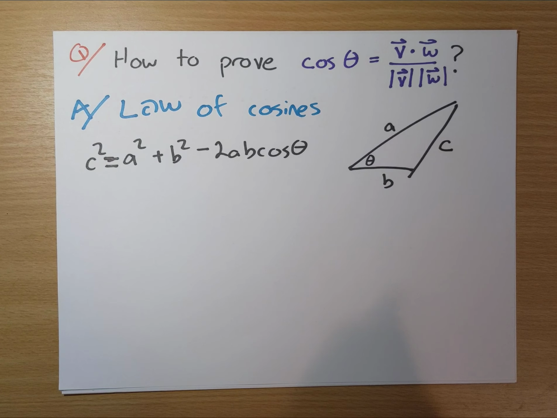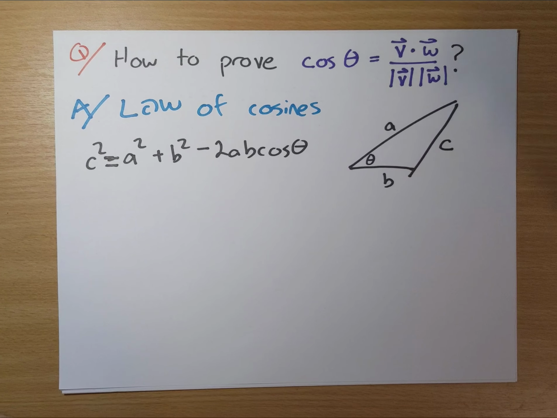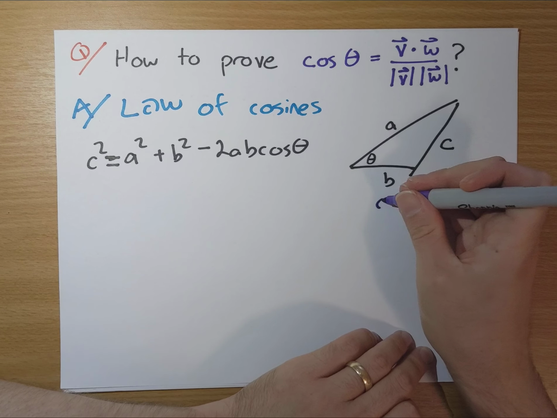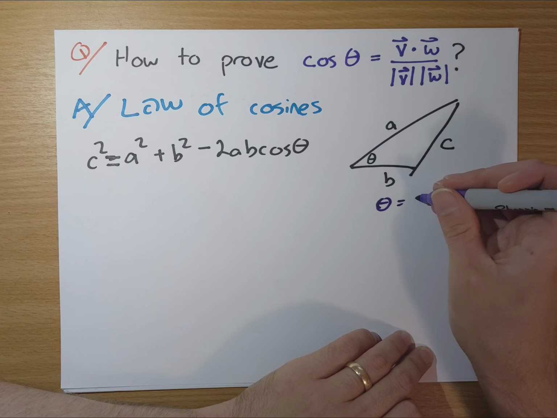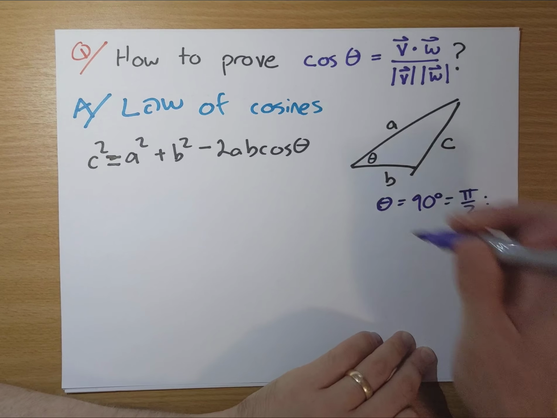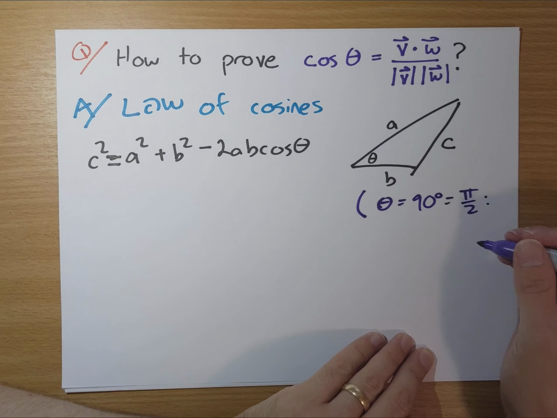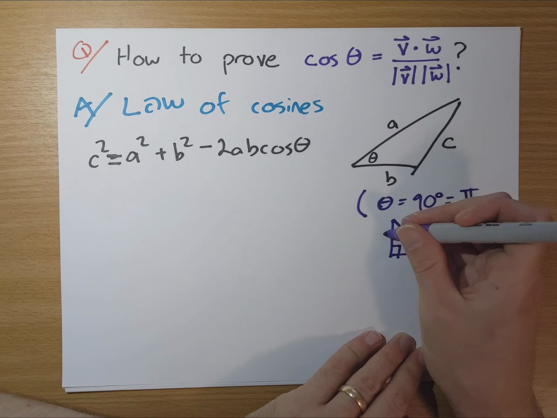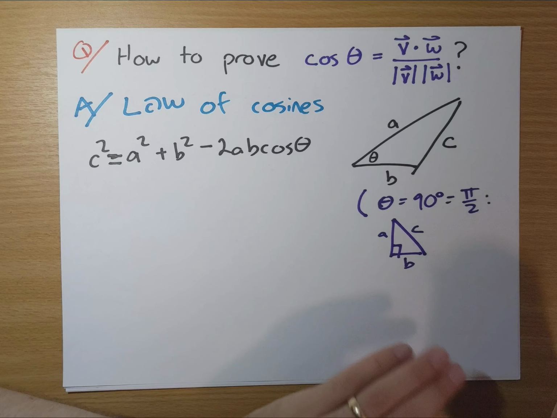So this is the law of cosines. Again, you should have seen this in a high school trigonometry class. I'll just make one brief comment here. If theta is equal to 90 degrees, pi over 2 radians, then this is a right angle here, with a, b, and c.